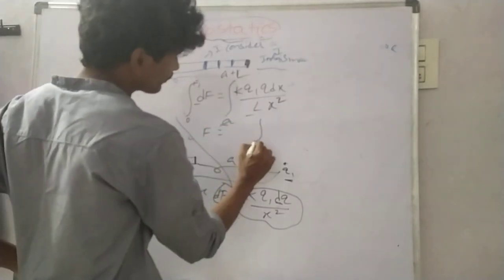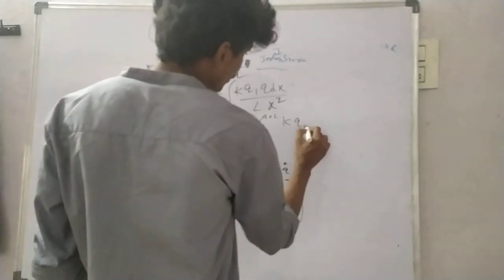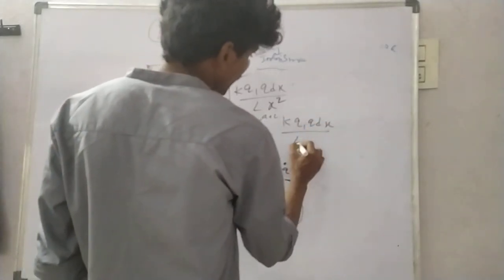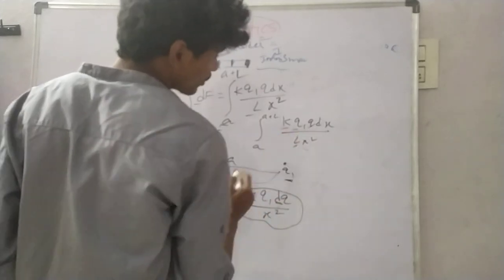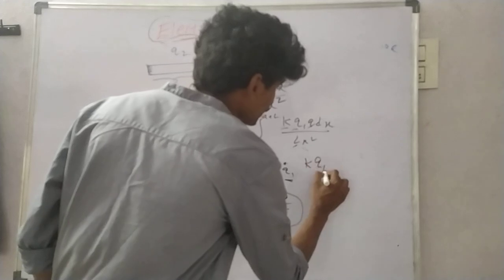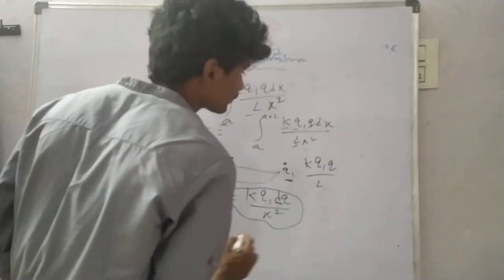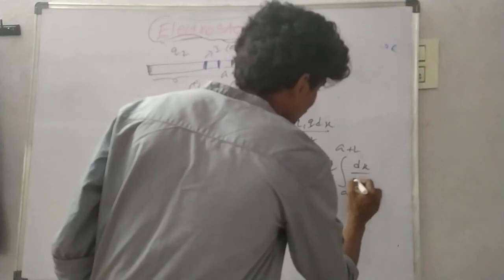So F is equal to the integral from a to a plus L of k q1 Q dx by L x square. So k is constant, q1 is constant, Q is constant, L is constant. So I can bring constants out of the integration. So it will become k q1 Q by L into the integral from a to a plus L of dx by x square.